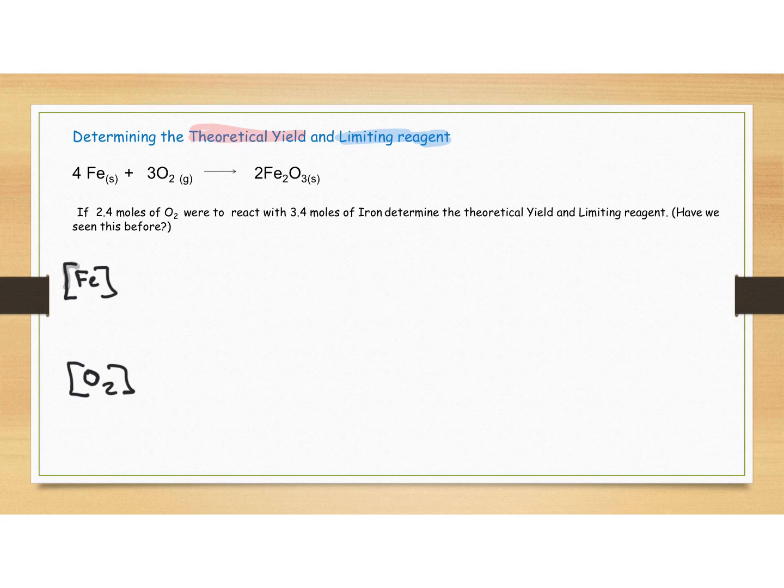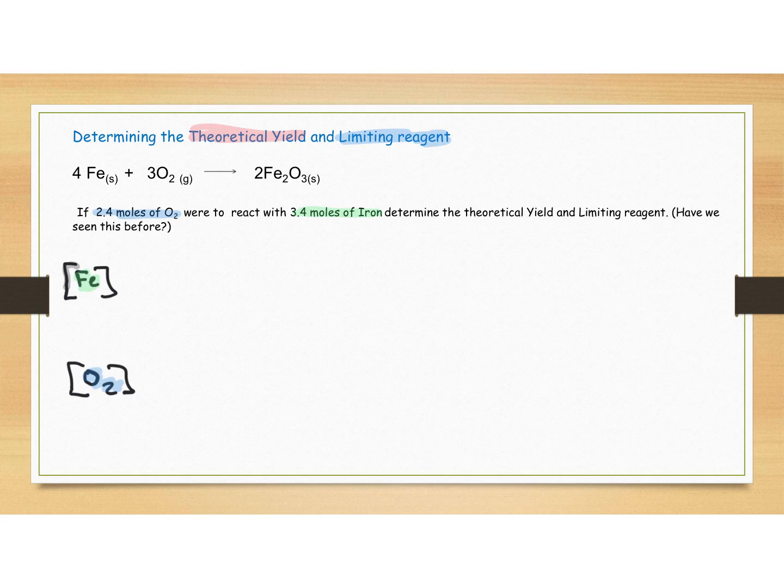Well, when I look at the numbers that were given to me, I have 2.4 moles of O2, and I have 3.4 moles of iron. How does that help me out? The 3.4 goes next to the iron, and the 2.4 goes next to the O2. Okay, so if you write your reactants, just put them in brackets on the left-hand side. It'll help you set up your problem.